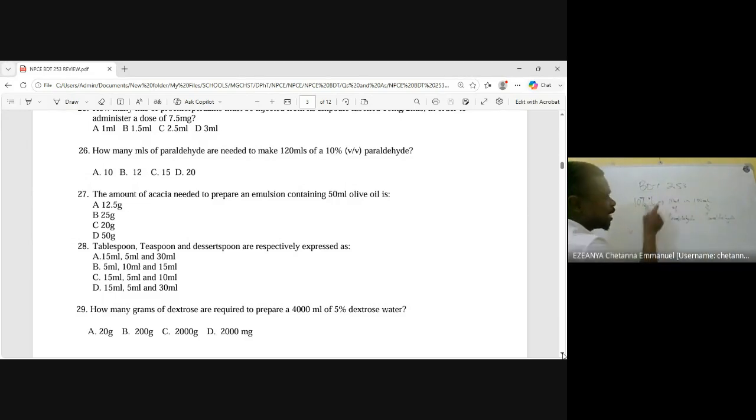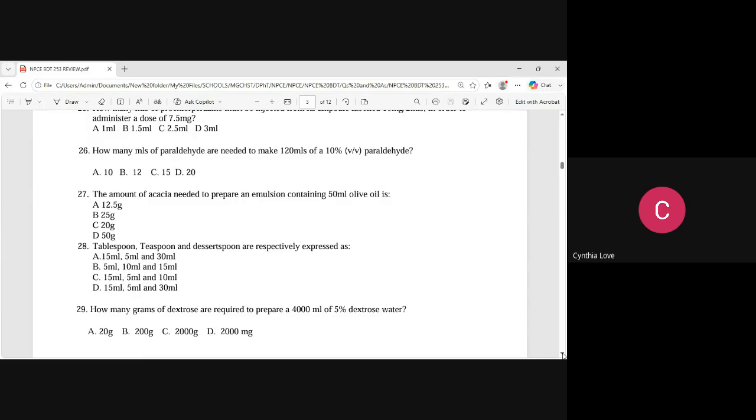So it's 10 mL of paraldehyde inside 100 mL of the entire product. Am I communicating? Yes, sir. Very important to understand that.